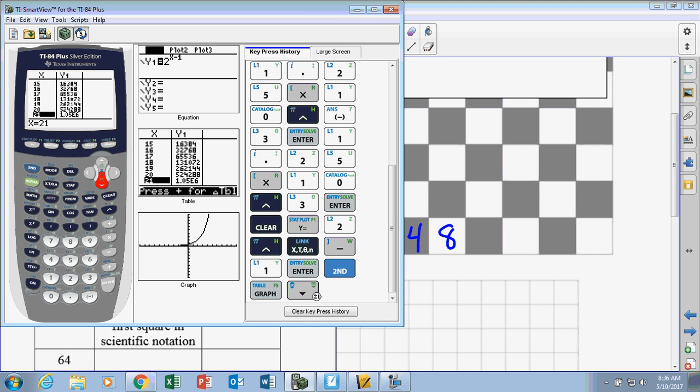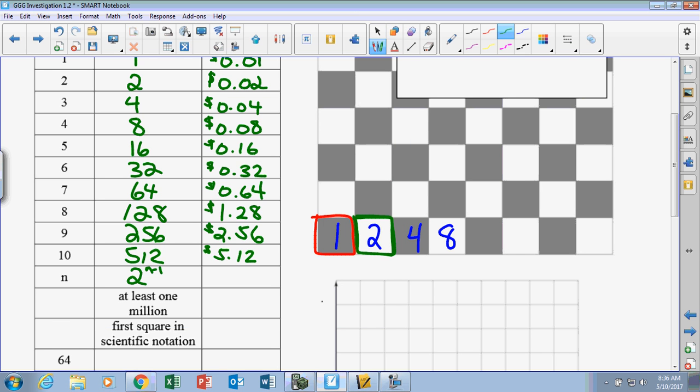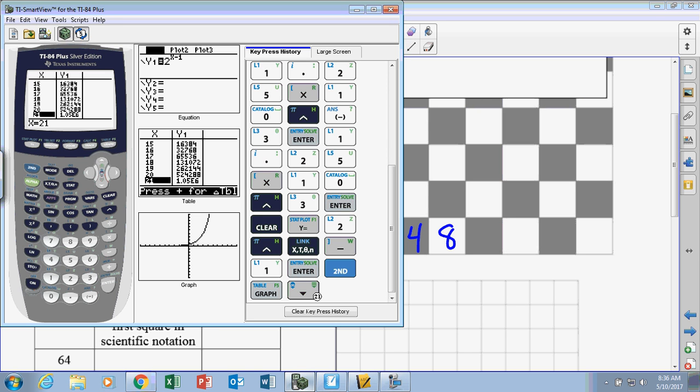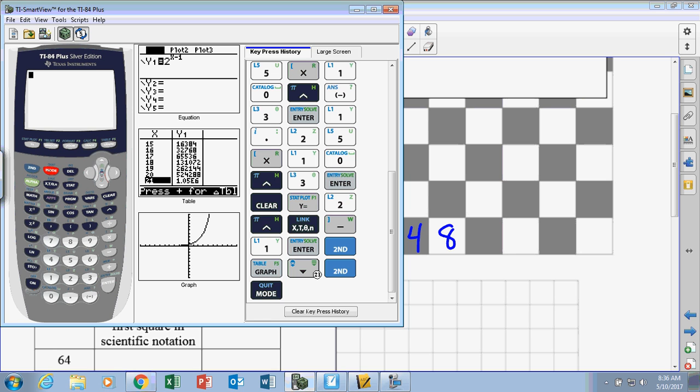What's the x column? 21. So let me shrink this real quick. My 21st square is when we finally hit 1 million, right? If we want to find out what the actual answer is, plug it in. If it's the 21st square, that means it's 2 to the 20th power, according to our equation.